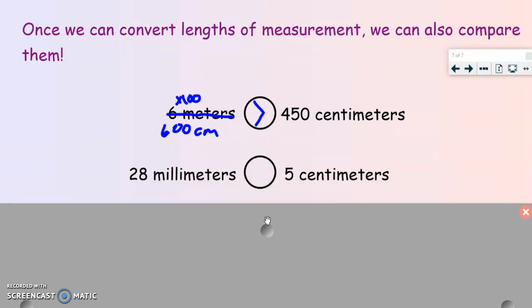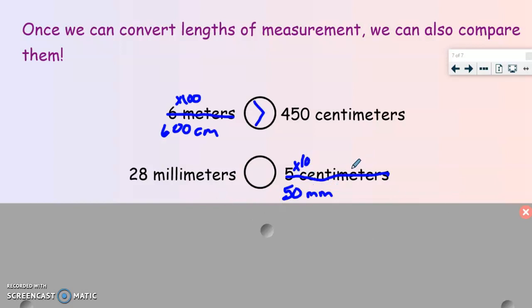Okay, let's try 28 millimeters compared to 5 centimeters. So if you remember that magic number to convert centimeters to millimeters, it's times 10. Yes, there's 10 millimeters in each centimeter. So I'm going to cross that out. 5 times 10 is 50 millimeters, mm for short.